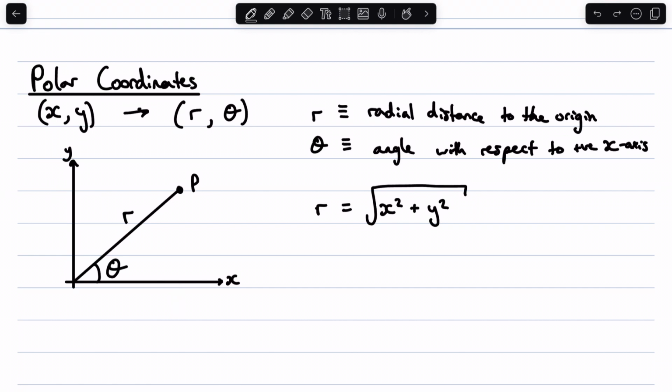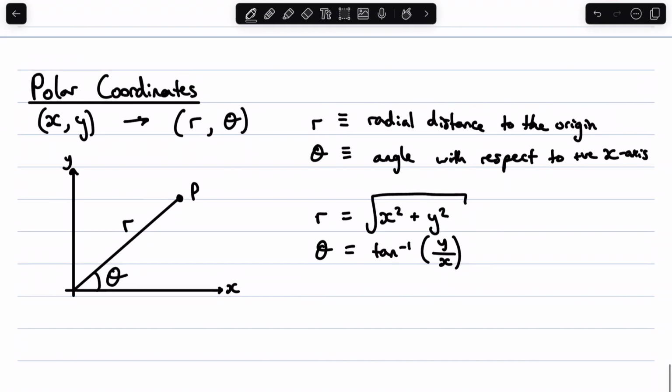And then theta, imagine again it was 3 and 4, this distance here is the 4, this is the 3. You can see that we're going to be using SOHCAHTOA, where tan is opposite over adjacent, so you're going to have arctan of y over x, whatever our y and x values are.